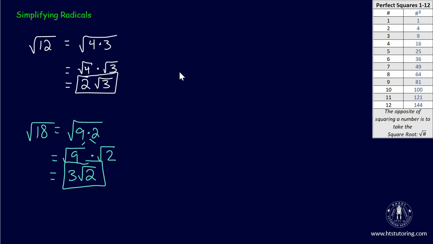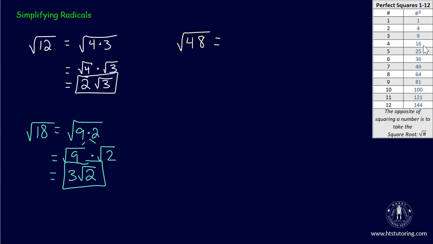So now let's try the square root of 48. Sometimes numbers have more than one perfect square that goes into it. The first two examples we did didn't have more than one perfect square. But 48 does. So first I'm going to ask, what is the biggest number on this list that goes into 48?